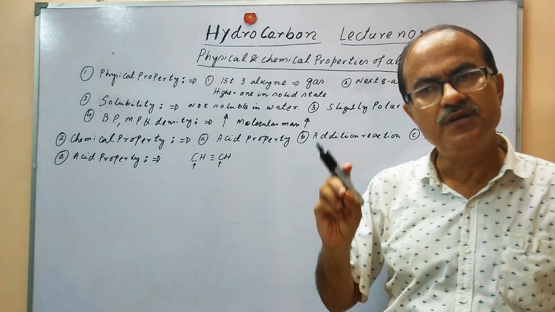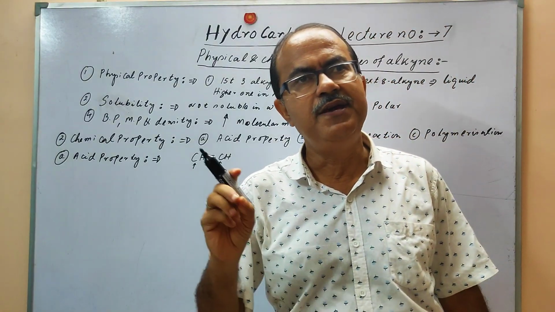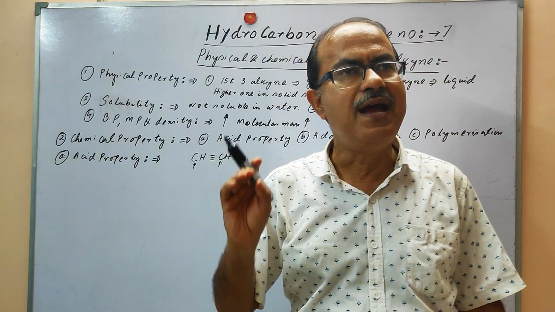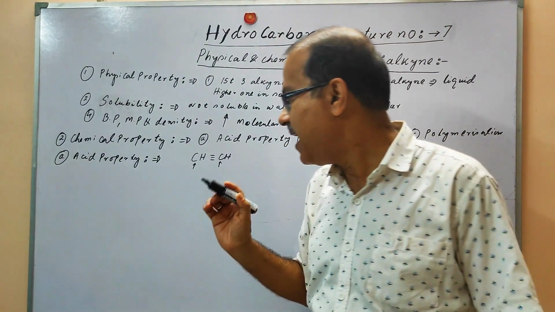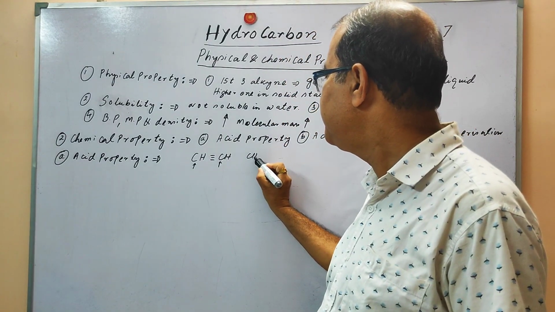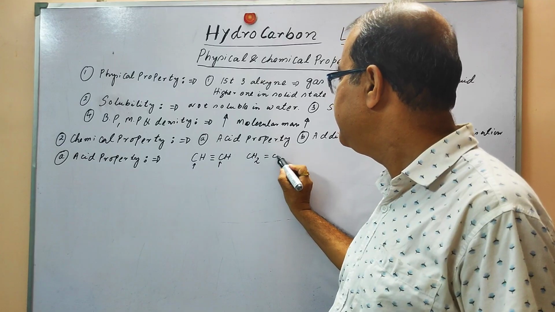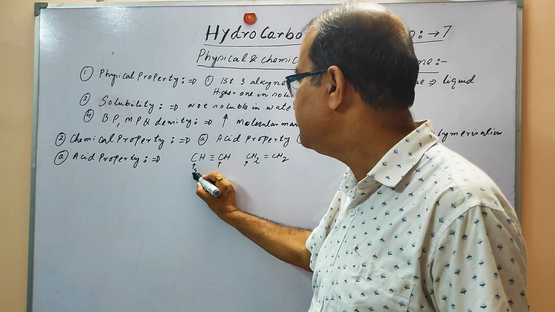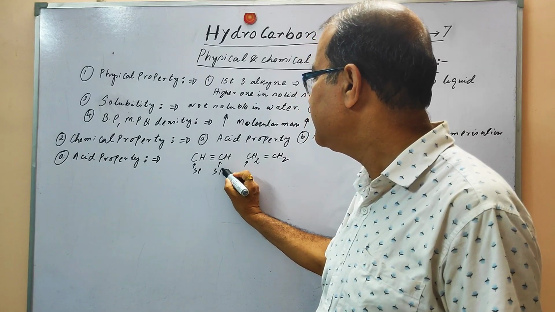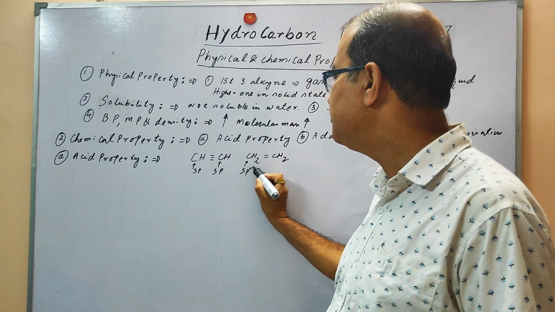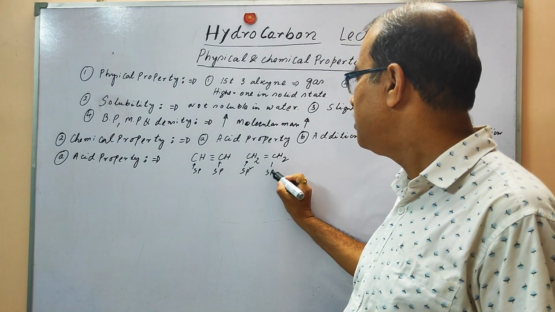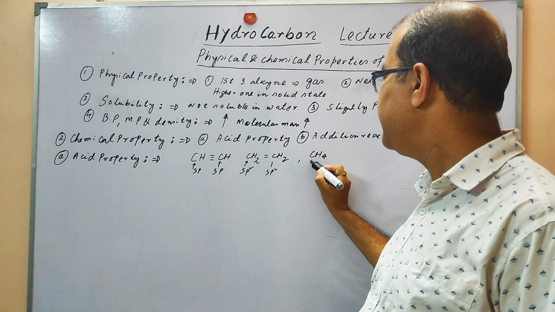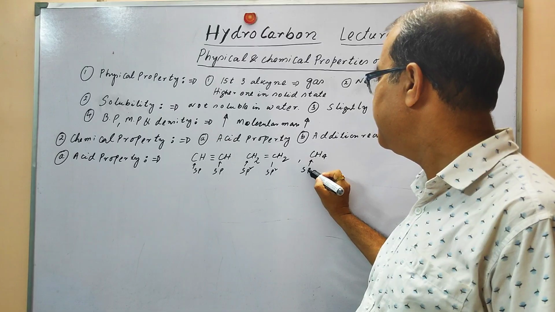Because it is sp hybridized, this sp orbital is highly electronegative as we compare with the alkene. In the alkene it is sp2 hybridization, whereas in case of alkane it is sp3 hybridization.